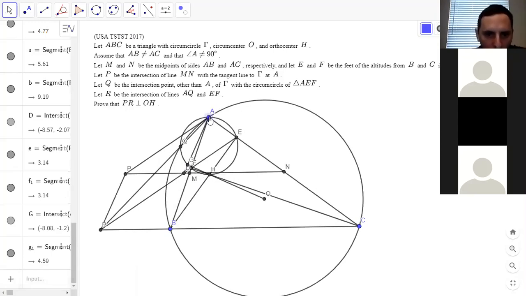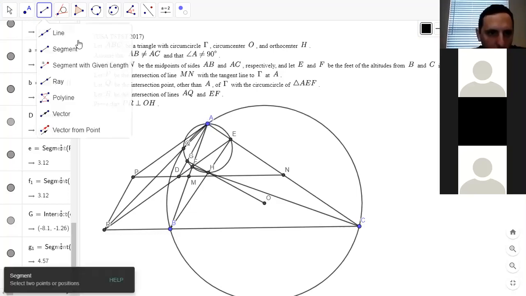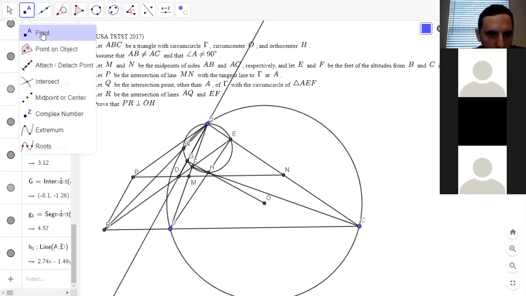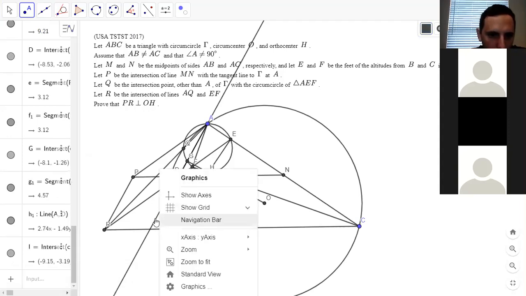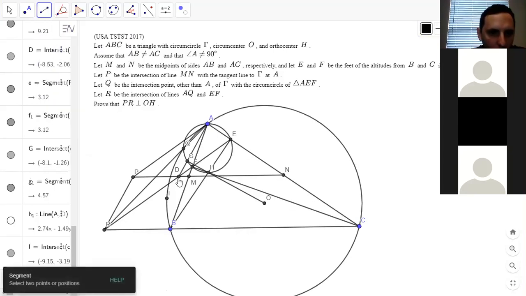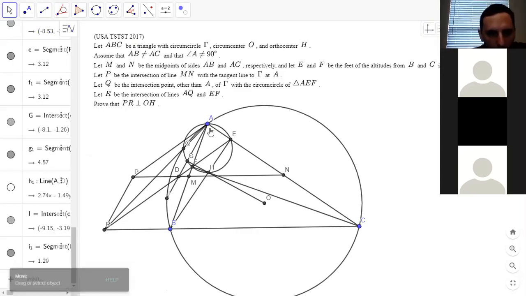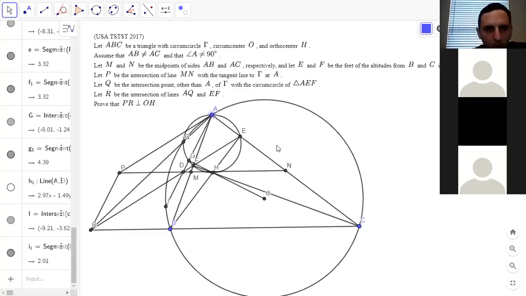Can you intersect AD with the circumcircle again? Yeah. Just a sec. So we want to show AR bisects PD.